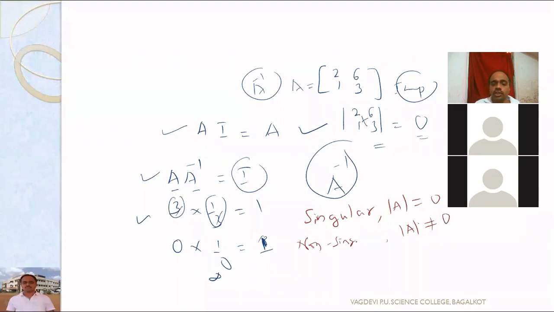Then tell me, which types of matrices have an inverse? Only non-singular matrices have inverses. A singular matrix has no inverse because its determinant is 0, and its inverse will be 1 by 0, which does not exist. So the matrix must be non-singular, meaning the determinant should not be 0.